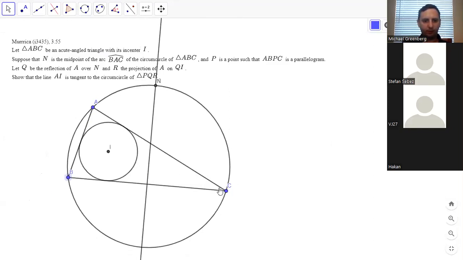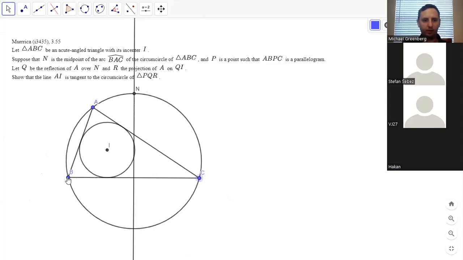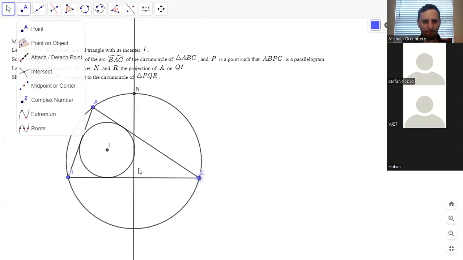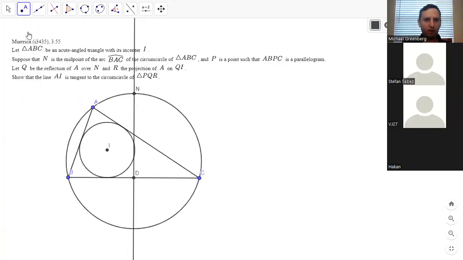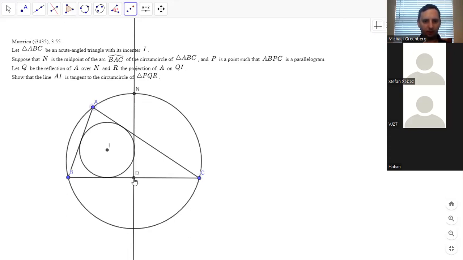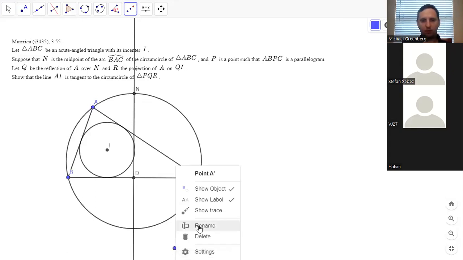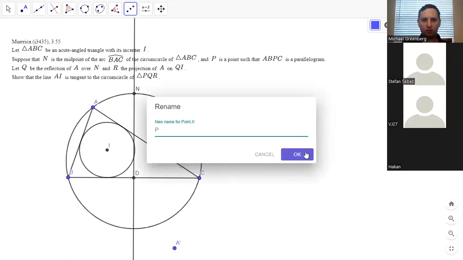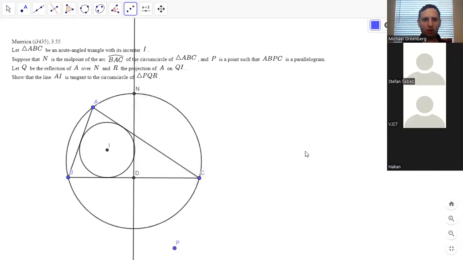So basically we can reflect A over the midpoint of BC. And that's point P. Q is a reflection of A over N.